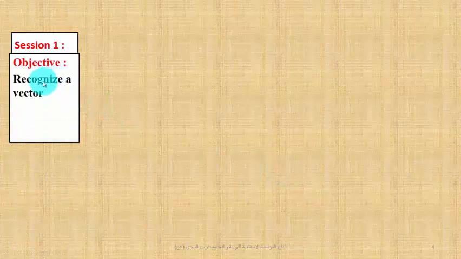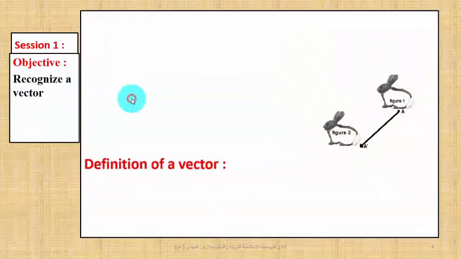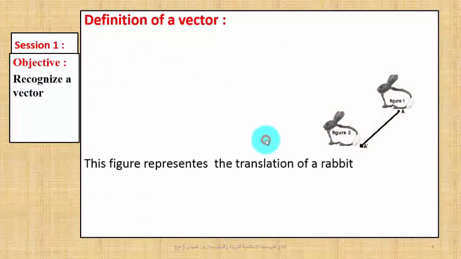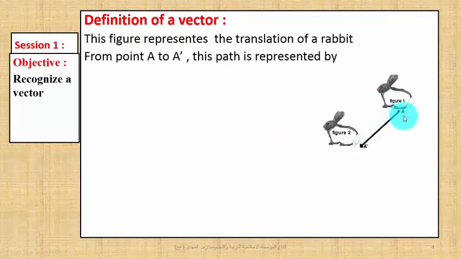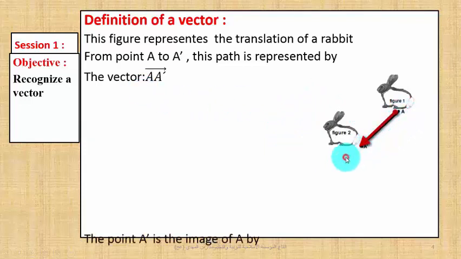Now our objective is to recognize a vector. Definition of a vector. This figure represents the translation of a rabbit from point A to point A prime. This path is represented by vector AA prime.